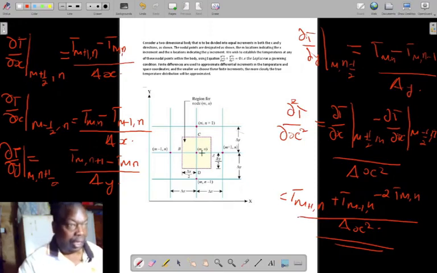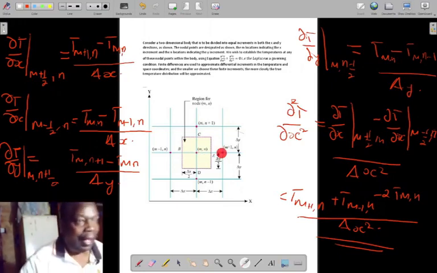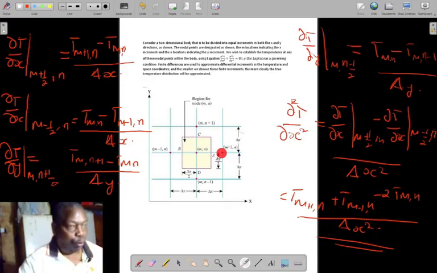And if you look at this diagram here, that is our f(i+1), this one here, and that is what we have here.